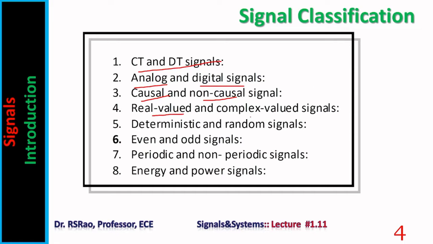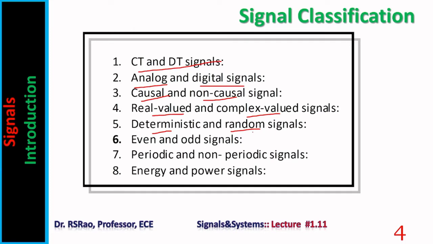Real valued, complex valued, another classification. If the signal is real valued, then it is a real signal. If it is complex valued, then it is a complex signal. Deterministic and random signals. This is another classification. If the amplitude or magnitude of the signal is clear, mentioned without any ambiguity, then it is deterministic.